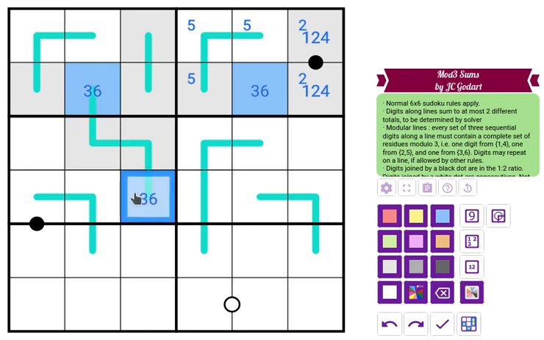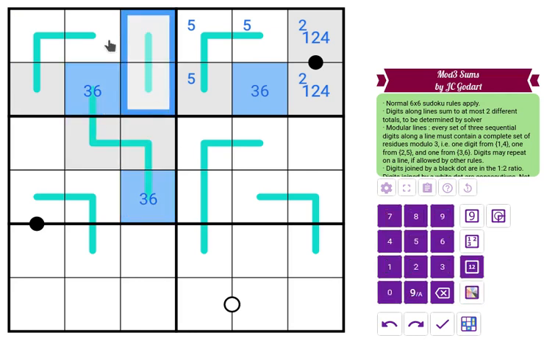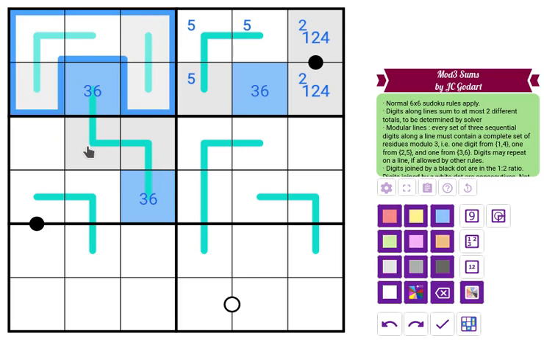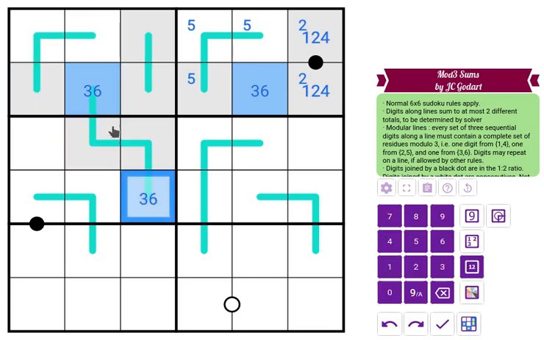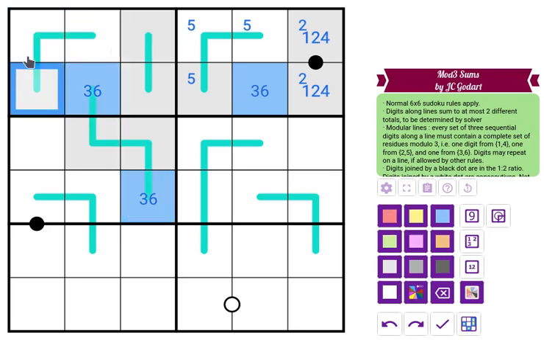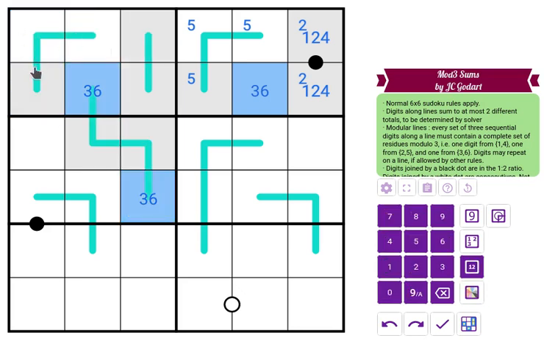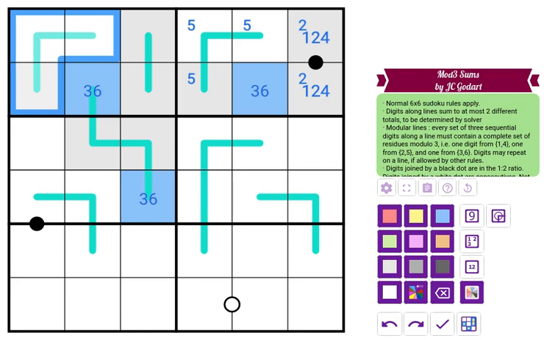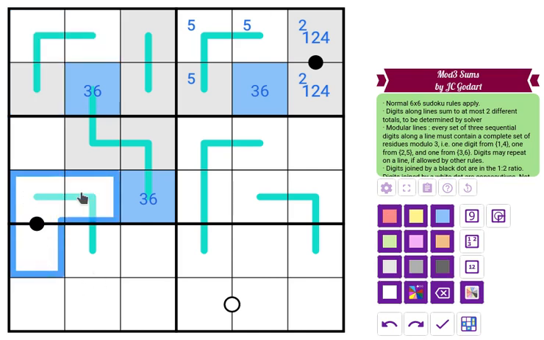So this is already 6, so they would all have to sum to 9. Having 3, 3, 1, 2, 4, 5, and 6. But the idea is that because of this white black dot, this cannot be sum to 9, I think.